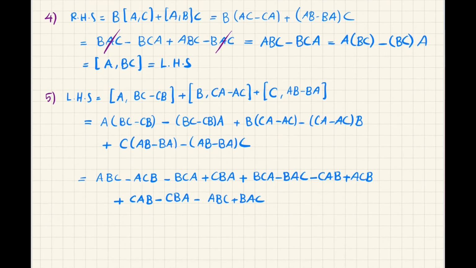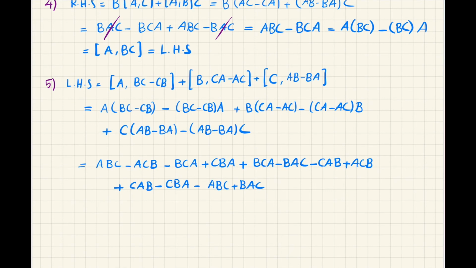I'm just multiplying them normally, okay? And if everything is right, everything should cancel out. So let us see if it is the case. You see here, this ABC positive and ABC negative are canceled. You're not allowed to cancel, for example, these two because they are not in general the same matrices; matrix multiplication is not commutative. Minus ACB, and then positive ACB, they are canceled.